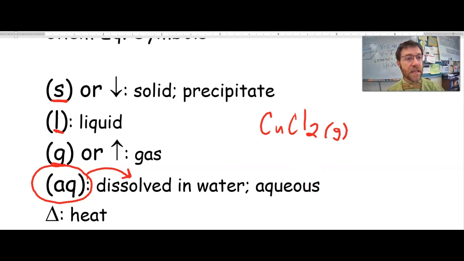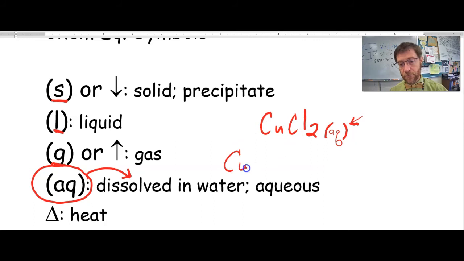Got it? And then the last one that I really want us to dial into is aqueous. That means it's been dissolved in water, and that is an important one to lock inside your brain. Because when things dissolve in water, the ions break apart. So you're not left with CuCl2 in one little block.